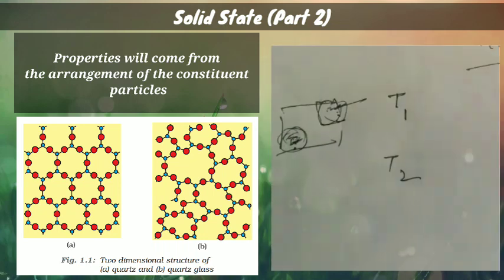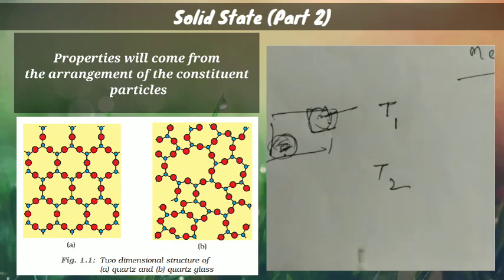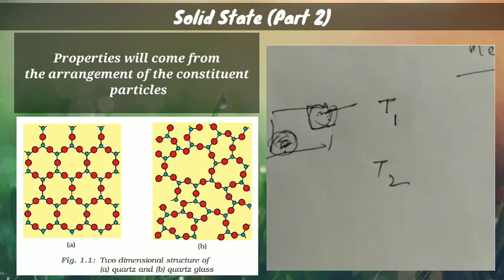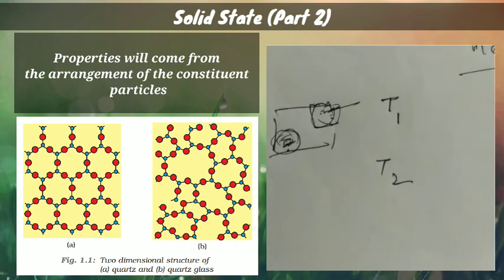Understand? So in the case of an amorphous solid, it will soften over a range of temperature, and we can mold it into various shapes because of this nature. Sometimes on heating, an amorphous solid may become crystalline in nature, because the constituent particles form an ordered structure.